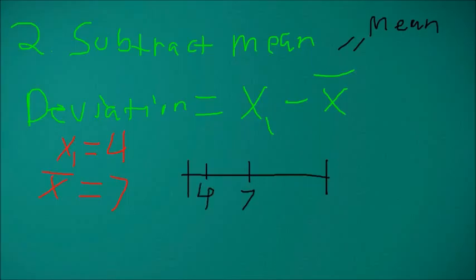So when I do 4 minus 7, I get -3. What that tells me, because of the negative, is that I am 3 spaces to the left of the mean. That is exactly what -3 tells me. So that's what step 2 is for.